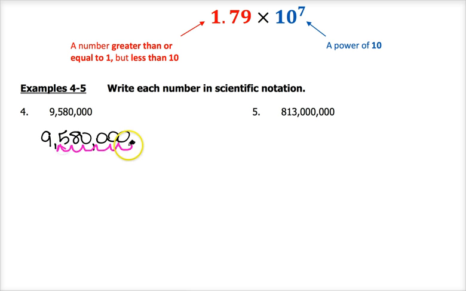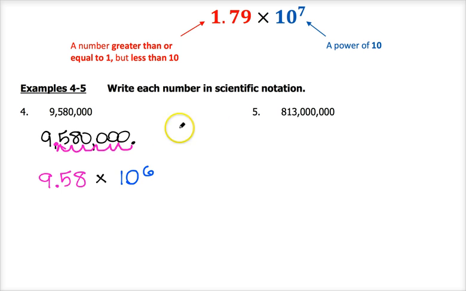When I move this decimal point 6 places to the left, I get the new number 9.58. Okay, 9.58 is greater than 1 but less than 10, so that's going to be the first number in my scientific notation. What comes after that is a times symbol, and then we're going to write our power of 10. 9.58 times 10 to the 6th power is the scientific notation form of 9,580,000.